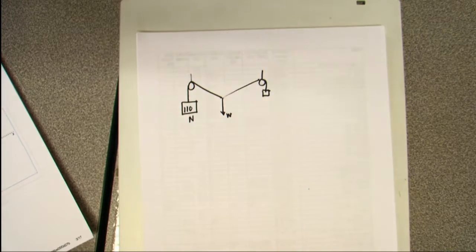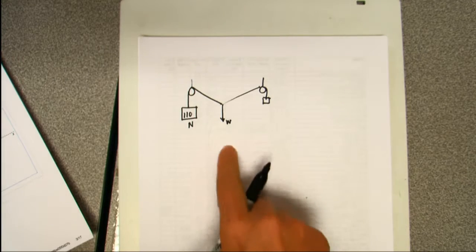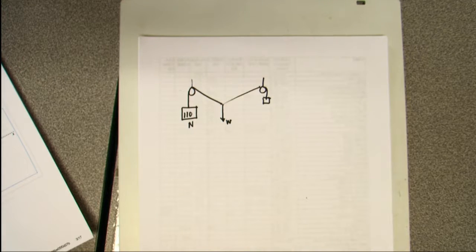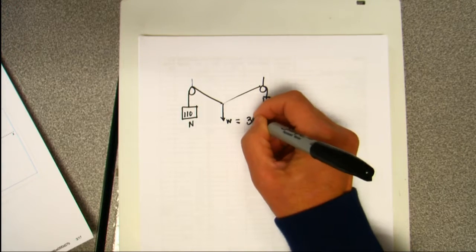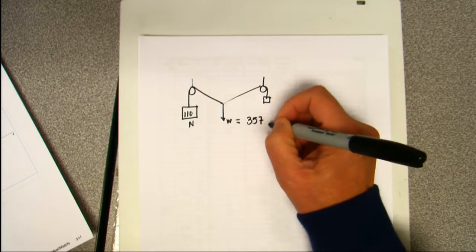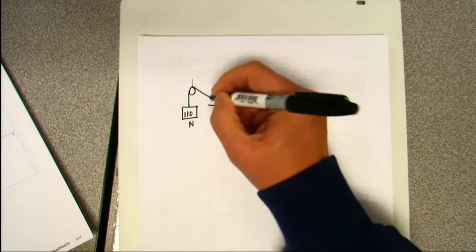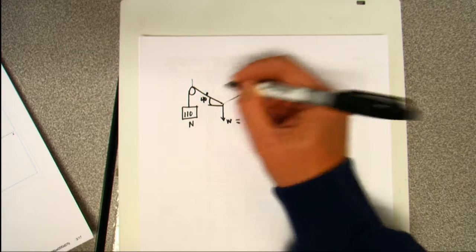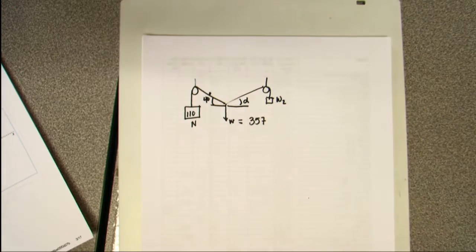And the idea behind this contraption is to take the weight off of the hip joint while a person's in a cast so that they can have their bones healed properly. And we're told that this weight, I'm going to use 357 newtons, is the weight that we're trying to get. And we're told that this is a 40-degree angle. We're not told what this is, and we don't know that weight.